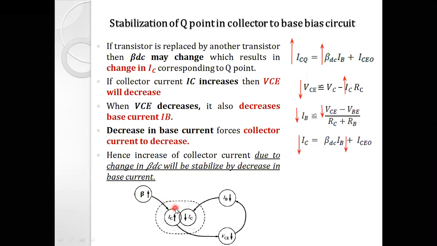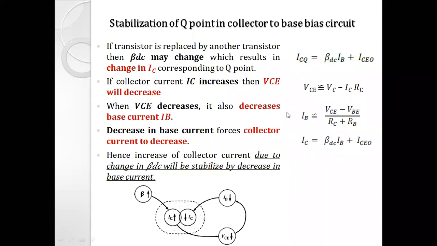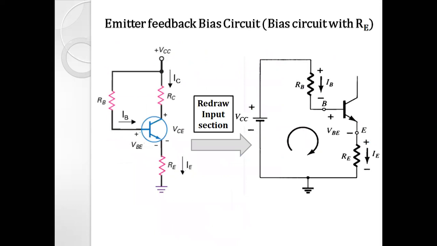Beta increased, IC increased, because of that VCE reduces, and because of that IB reduces, and ultimately IC gets decreased. So under both these circumstances, the collector to base bias circuit provides stability of operating point Q. Let us move to the next biasing circuit, the emitter feedback bias circuit.